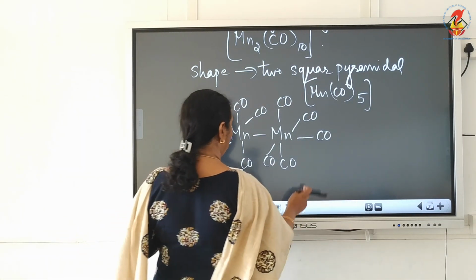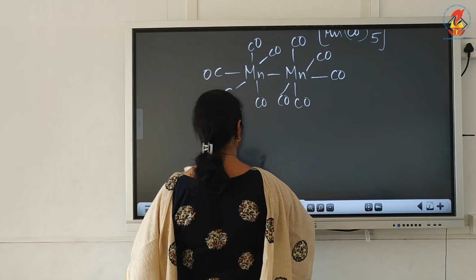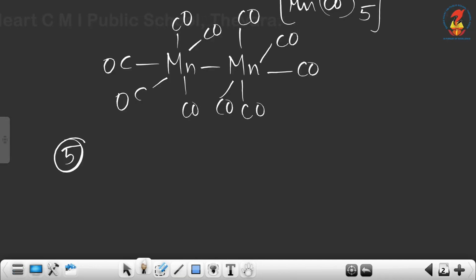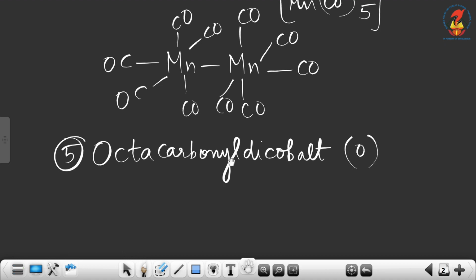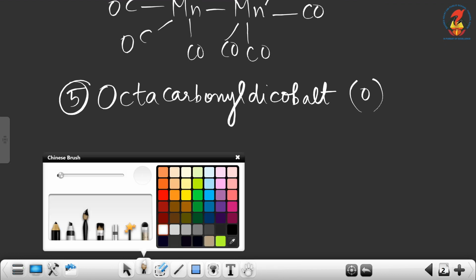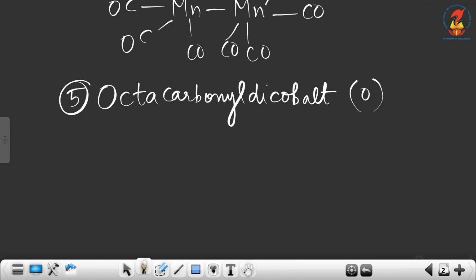Now the last metal carbonyl that you have to learn is number 5. The name of the compound is octacarbonyldicobalt(0). Octacarbonyl means 8 CO groups, and dicobalt means 2 cobalt atoms.